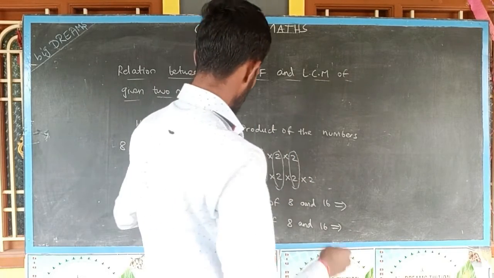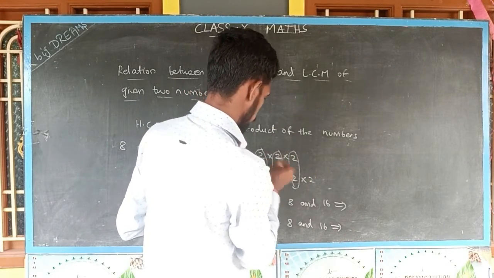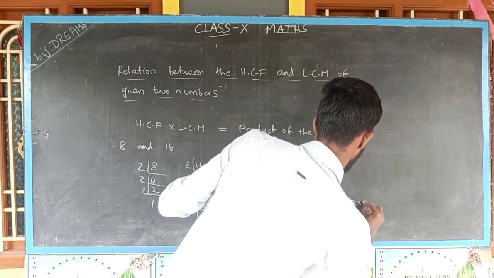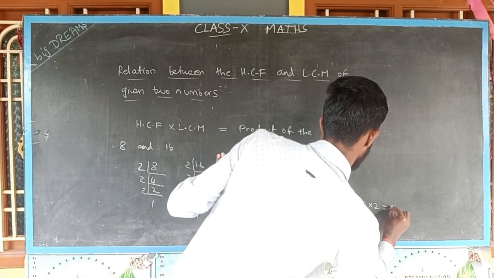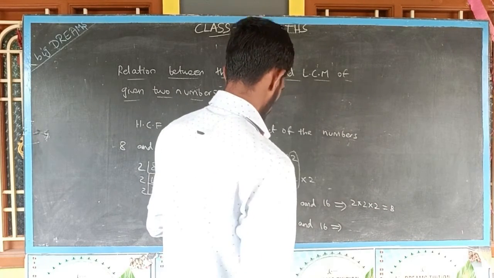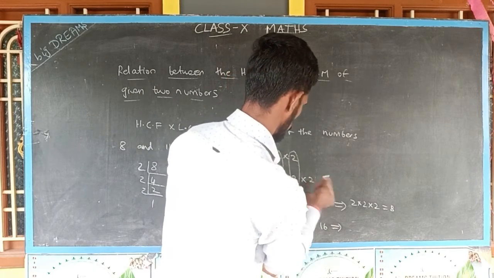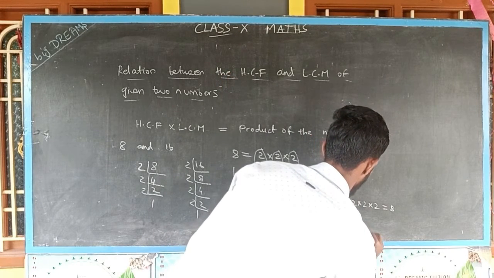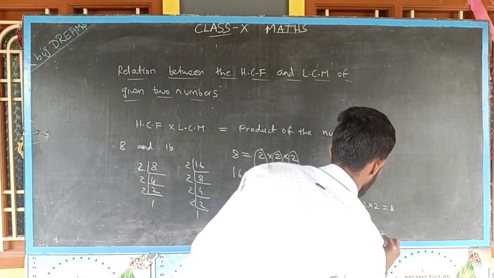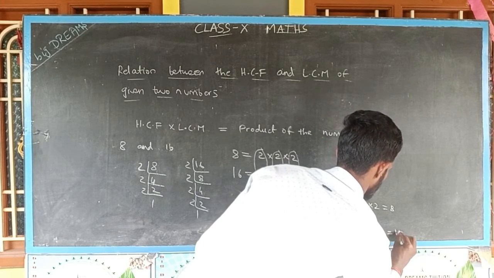HCF is 2 into 2 into 2, which gives 8. LCM is 2 into 2 into 2 into 2, which is nothing but 16.